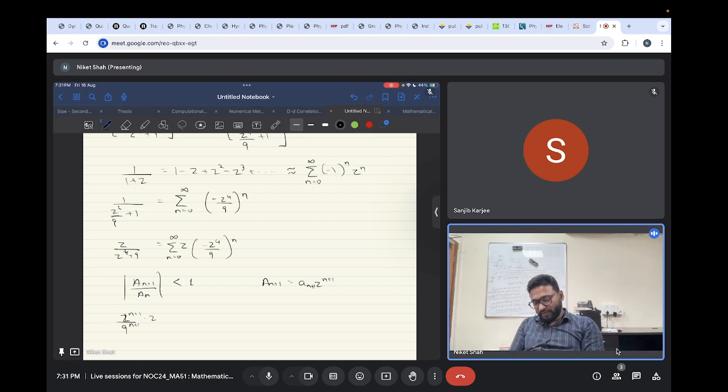The whole term basically. So here in this case, z to the n plus 1 into z, because we have a z also outside. This whole divided by z raised to power n into z, divided by 9 raised to power n. So this is equal to z by 9.